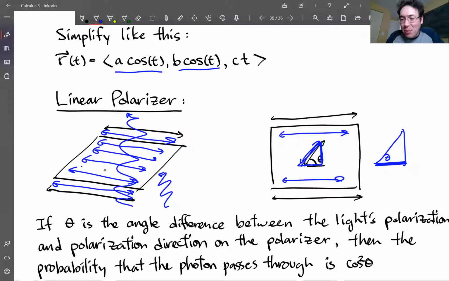There, I said it. Okay, projection. And there's some probability that it gets blocked, right? So the probability that it passes through is cosine squared of the angle, and the probability that it gets blocked is 1 minus cosine squared. But using a trig identity, that's the same thing as sine squared.